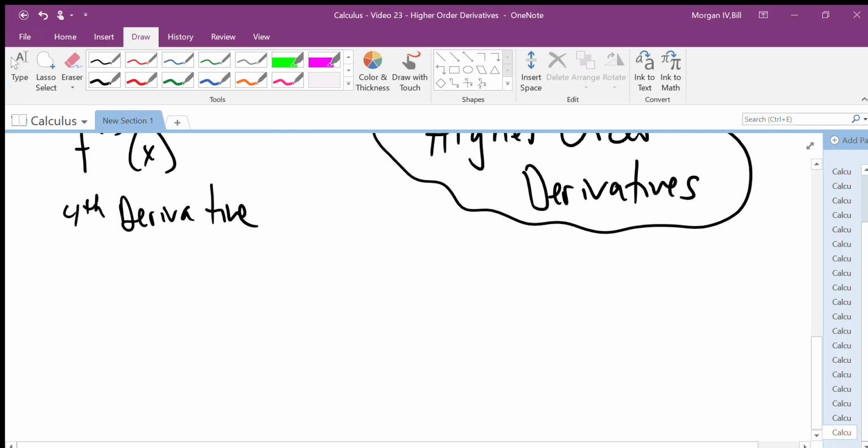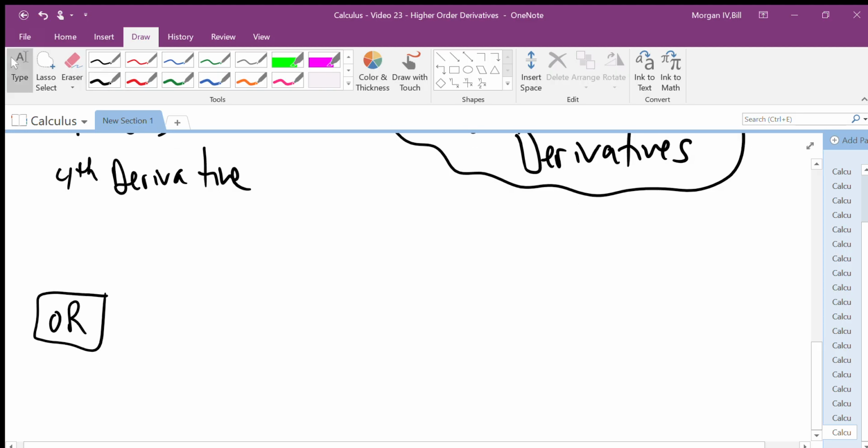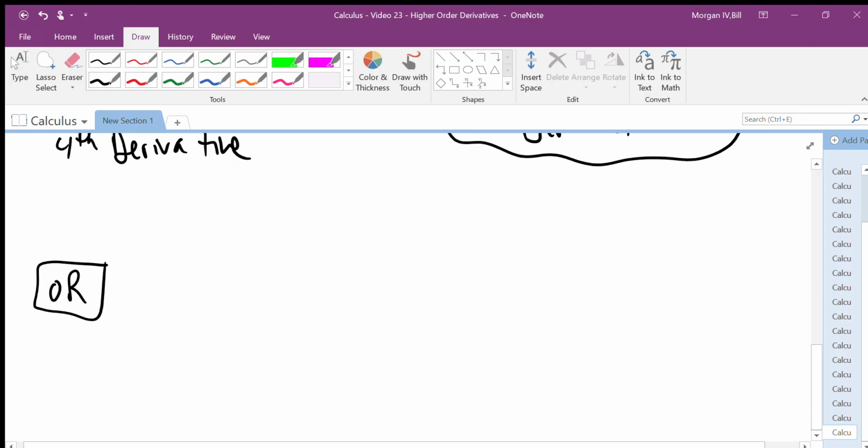Okay, more notation. What if we want to use the dy dx notation? So the function is y, like our function or equation. Dy dx, that is the derivative.